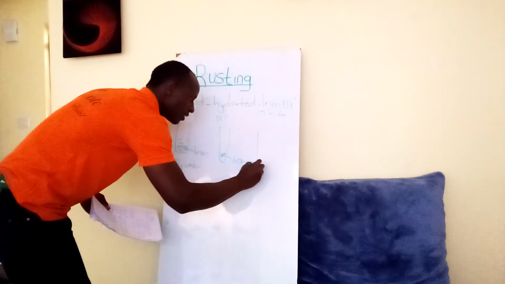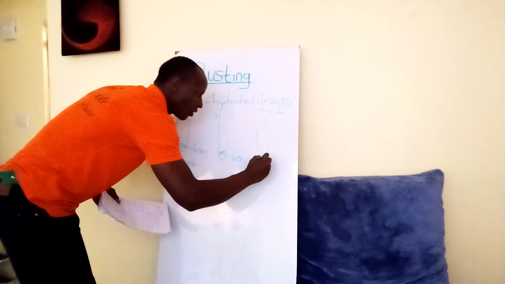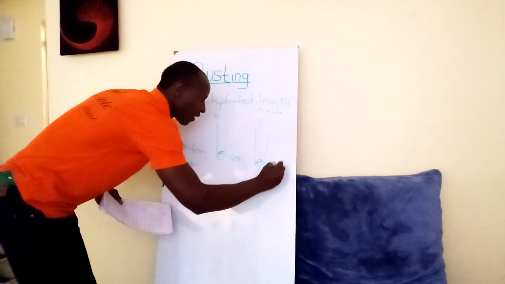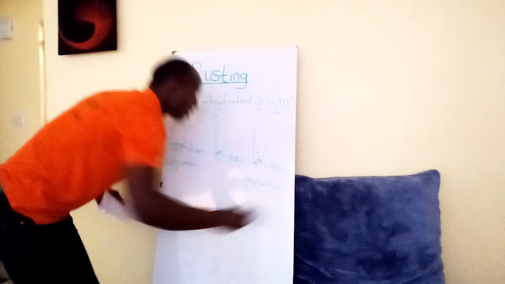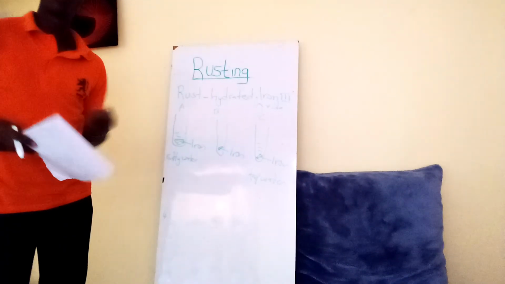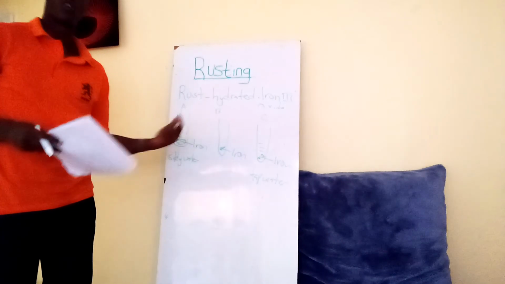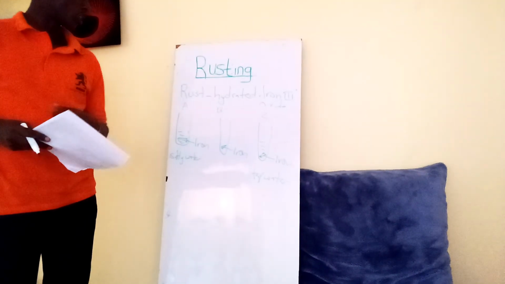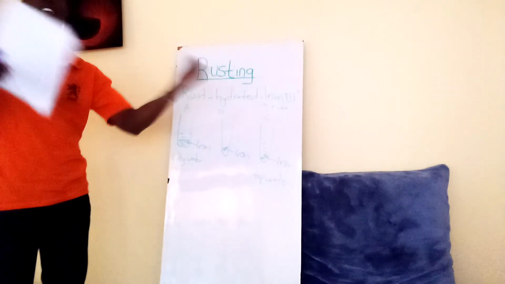Then C has an iron nail, and this is tap water. Then you are told, state and explain the observation which will be made in the 3 experiments or in the 3 setups. So this kind of question, you have to do some analysis and you link it to what you already know about rusting.